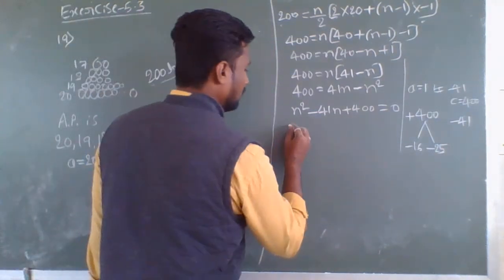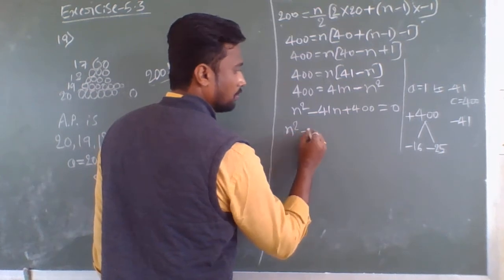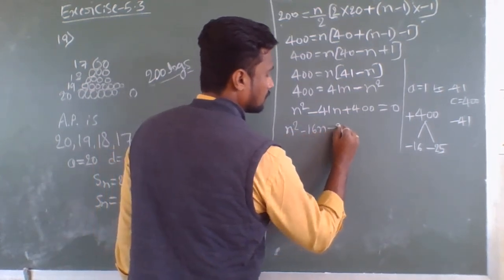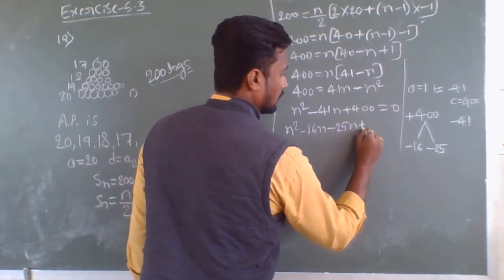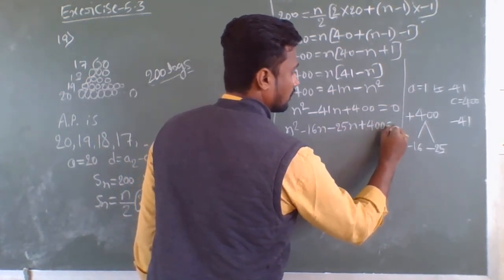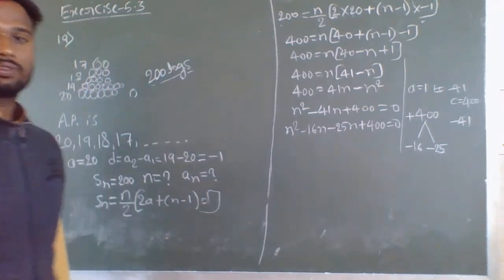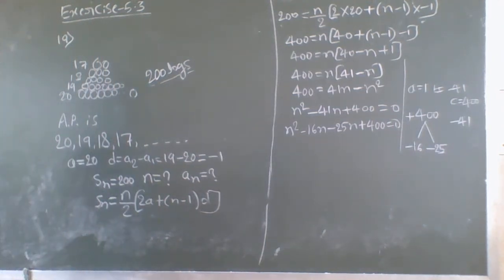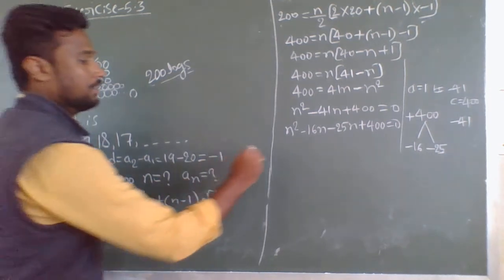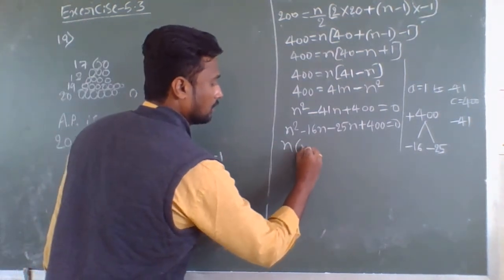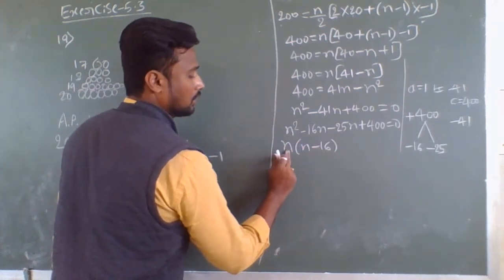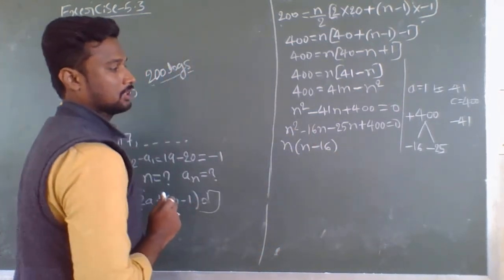Now we can write n square minus 16n minus 25n plus 400 is equal to 0. So now we can take the common factor in n square minus 16n. What is that? n into bracket n minus 16, which means n into n is n square, n into minus 16 is minus 16n.